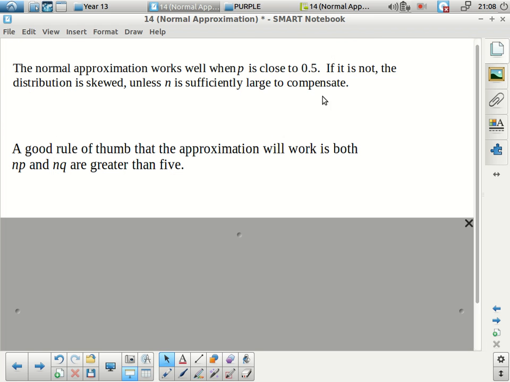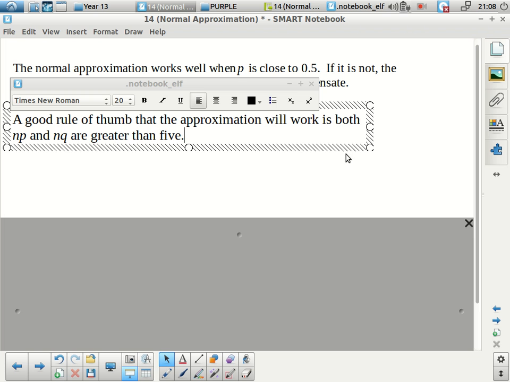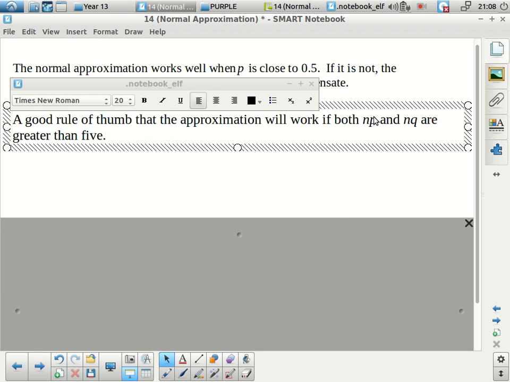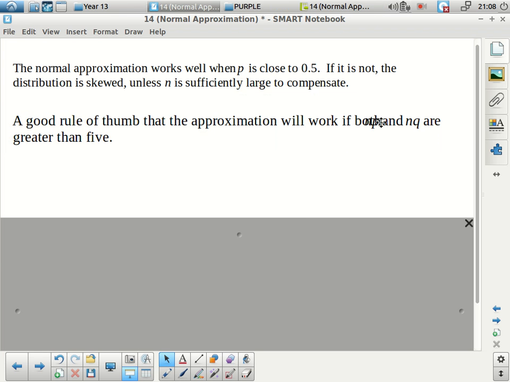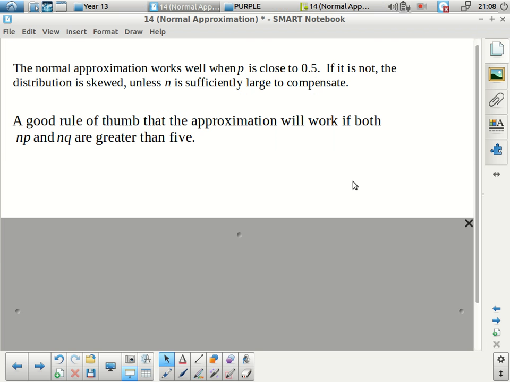Okay, and I do want you to copy this part down. If it's not, so if it's far from half and closer to the extremes, 0 and 1, the distribution is skewed unless the number of trials is really large to compensate for that. So a good rule of thumb or guideline here is that the approximation will work if both np and nq are greater than 5.